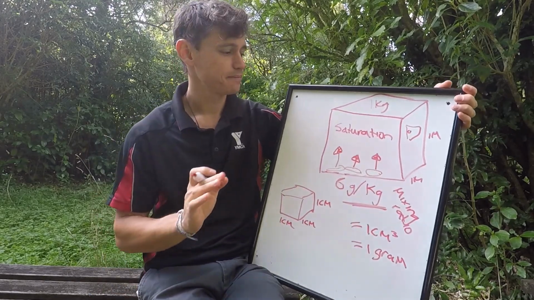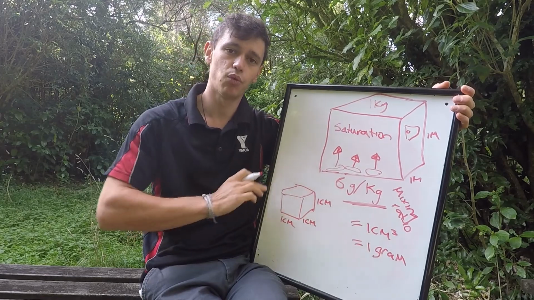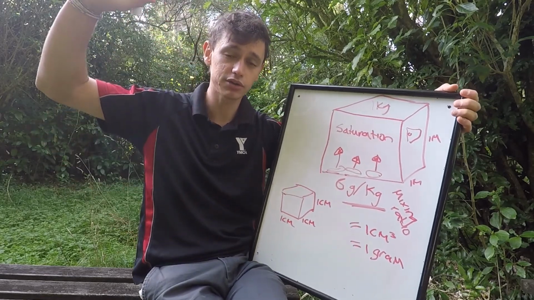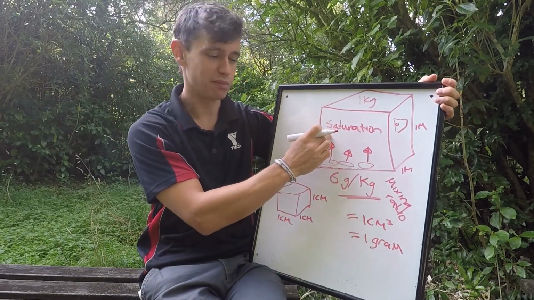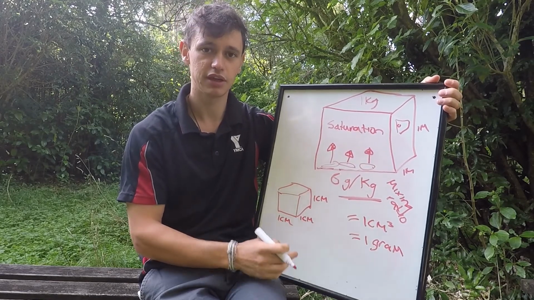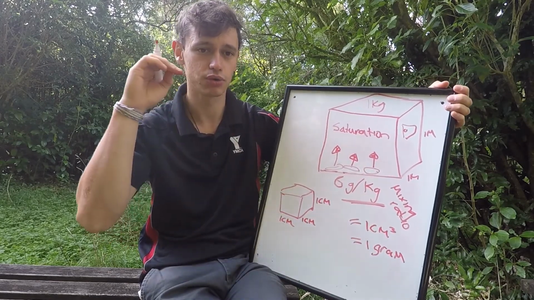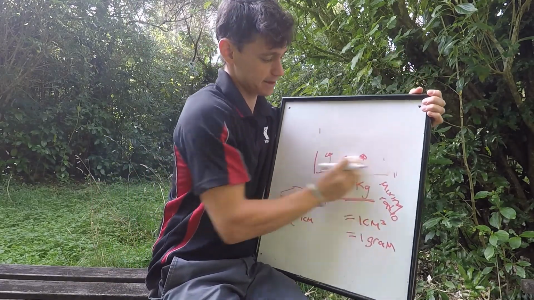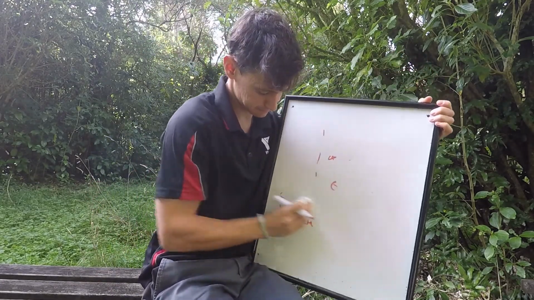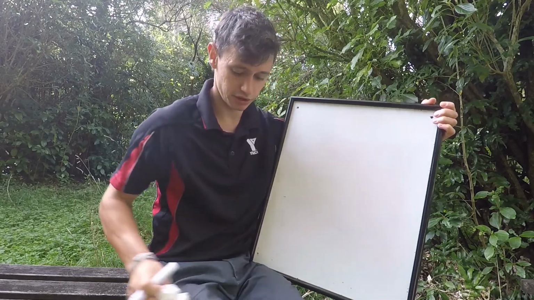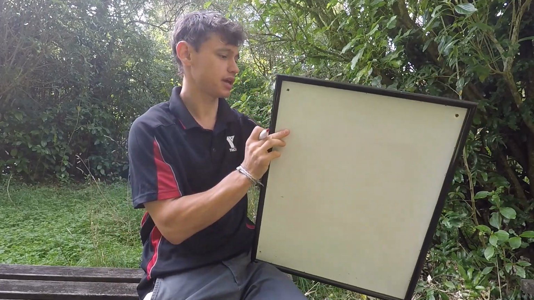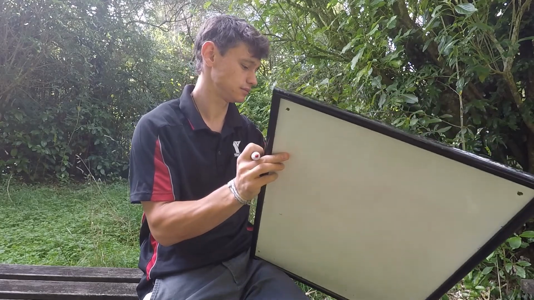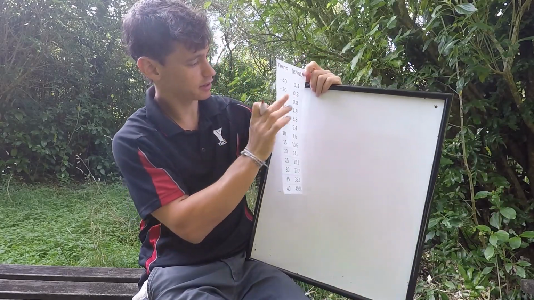Really basic: if you have warm air, air that's really hot, it can hold much more water content than colder air. Colder air can hold less water content. And what I'm going to do is, I've actually printed off a table that I'll put on this side now.